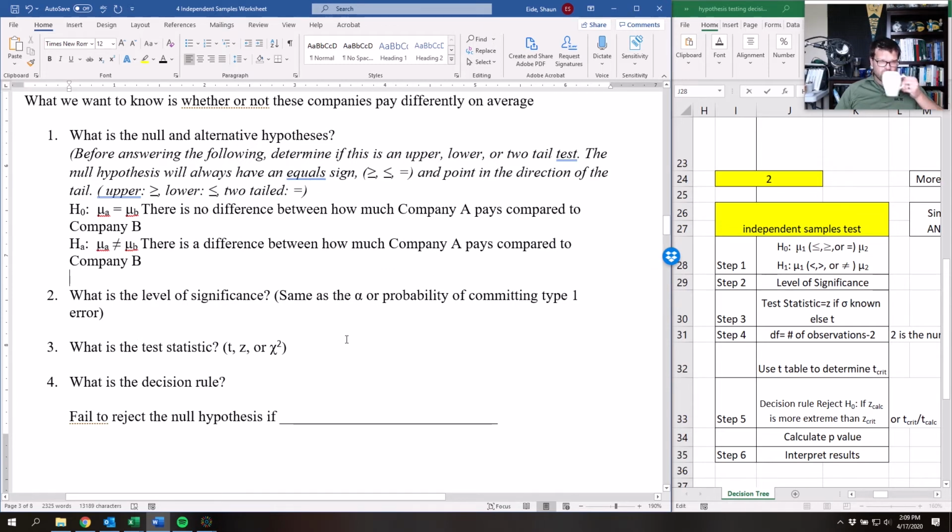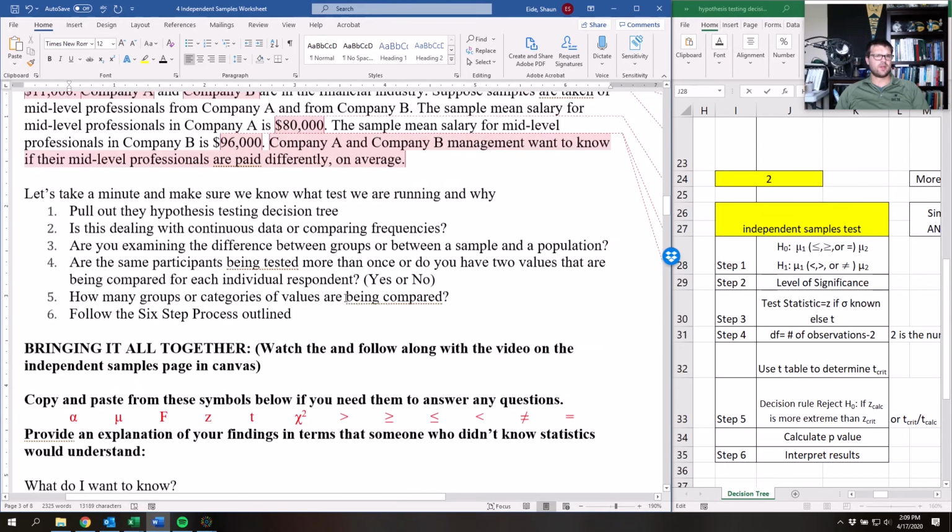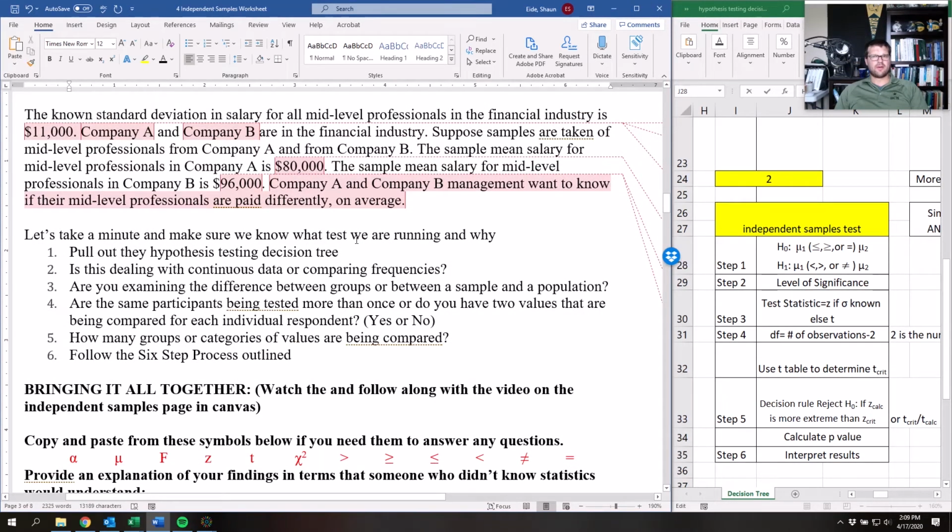Okay, so the next question is, what is the level of significance, or the alpha level, or the probability of committing type 1 error? So coming back up here, I don't know if it says what it has. Sometimes you just have to choose.